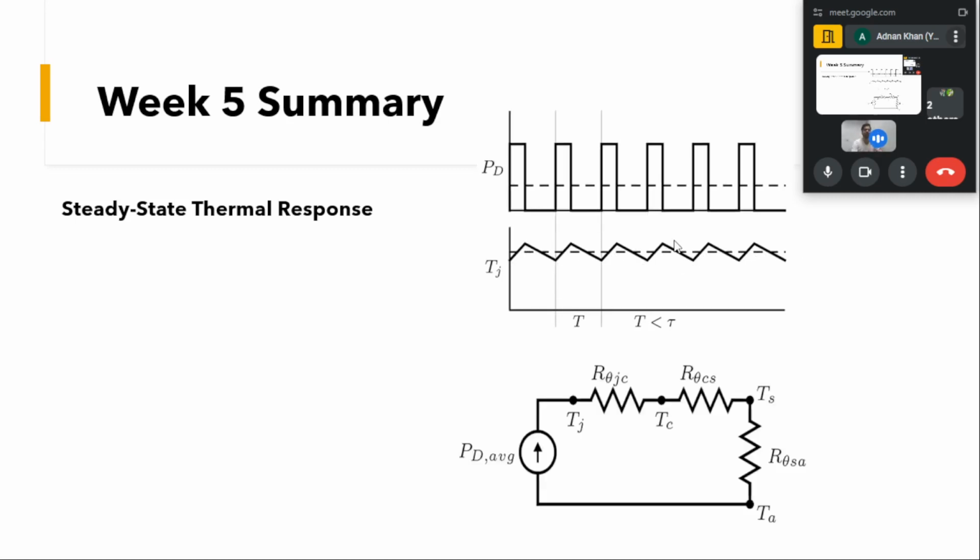In this case, we can assume this network as the steady state network, where we'll be having the temperature at the particular junctions, as we discussed earlier: junction temperature, case temperature, sink temperature, and ambient temperature. And there will be a resistance between these, like junction to case, case to sink, and sink to ambient.